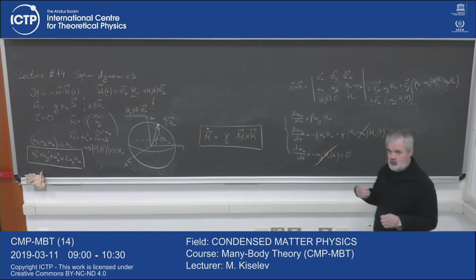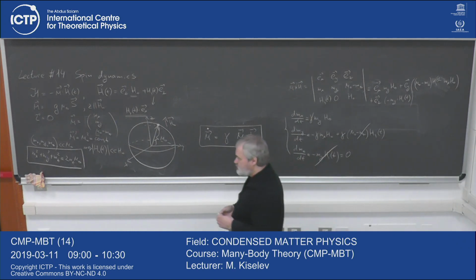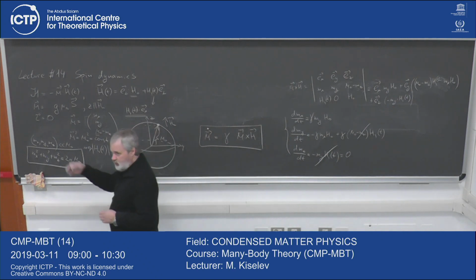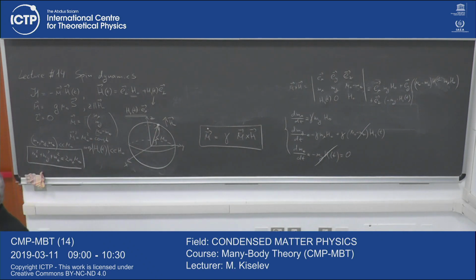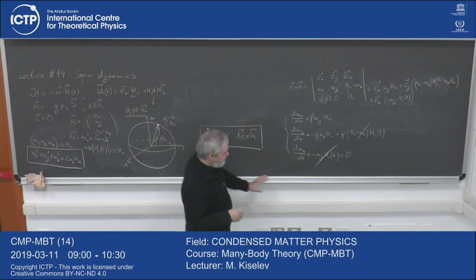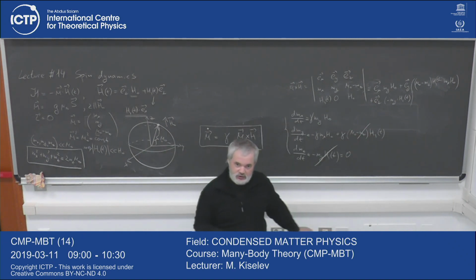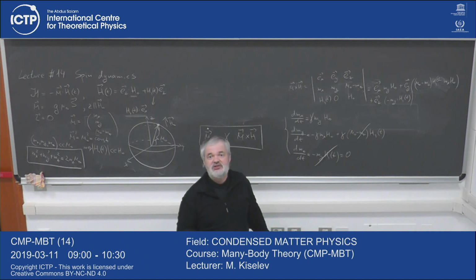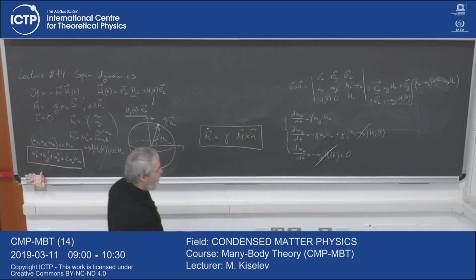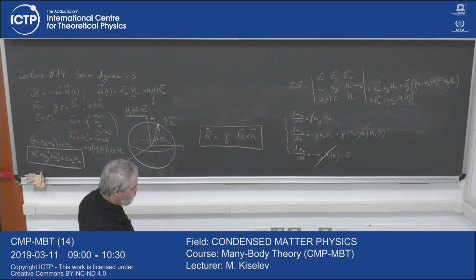Again, I'm allowed to do so because this is my condition, and of course I may construct some sort of iteration procedure. We'll solve the equations in lowest order, then plug it in and find the corrections. I'm not going to do that. I assume from the very beginning that these are small quantities and I drop them. So as a result, I got a system of linear differential equations which I'm going to solve.